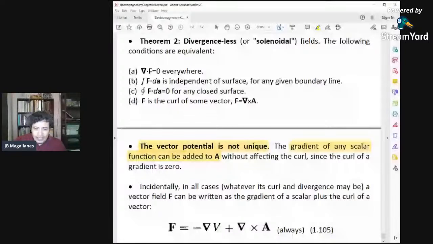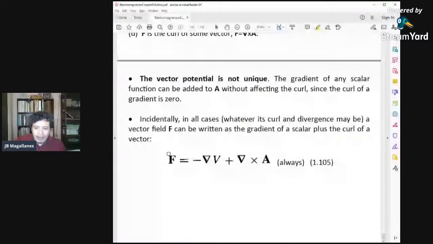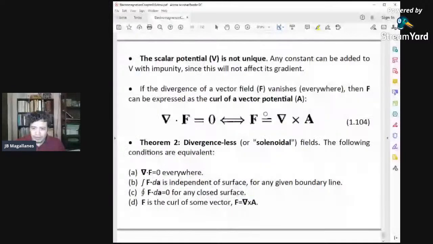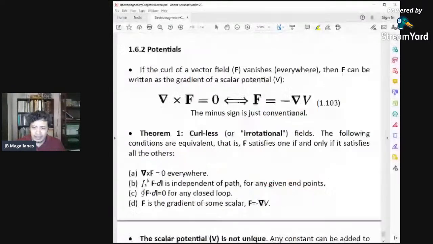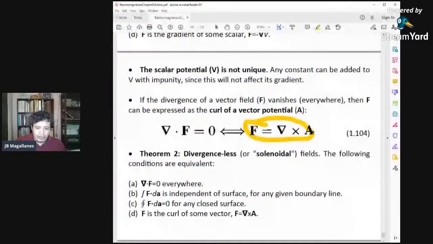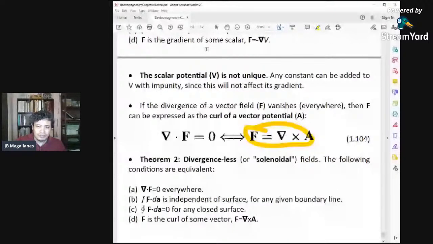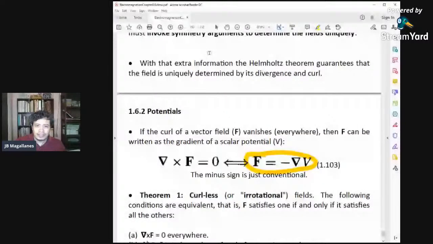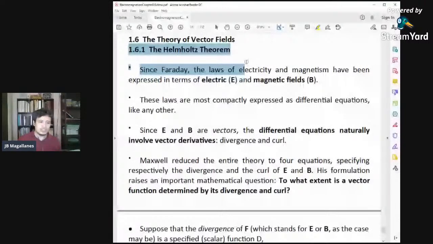Incidentally, in general we can write F to be the sum of the gradient of V and the curl of a vector potential. So that's the Helmholtz theorem. This is the last topic of chapter 1.